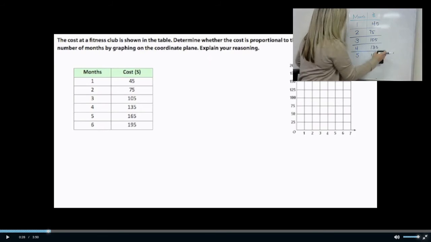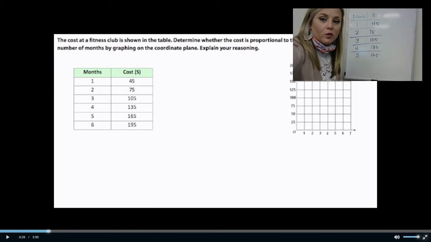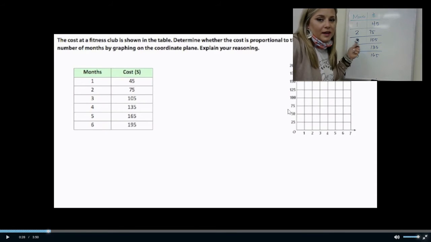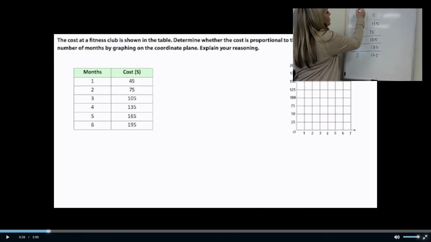All right, now look. You would assume, if I go 0 months starting out, it would be $0. Not necessarily. If you look at this coordinate plane, and I hope you can see my mouse moving, if we were to plot these points, these are really X's and Y's. This is my X coordinate and my Y coordinate, right?